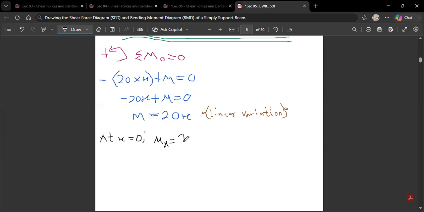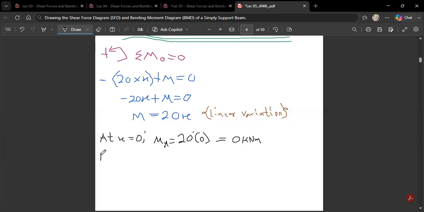Then anywhere you see x, you put 0 over there. So at the end of the day, your MA, the answer, is going to be 0 kilonewton meter.